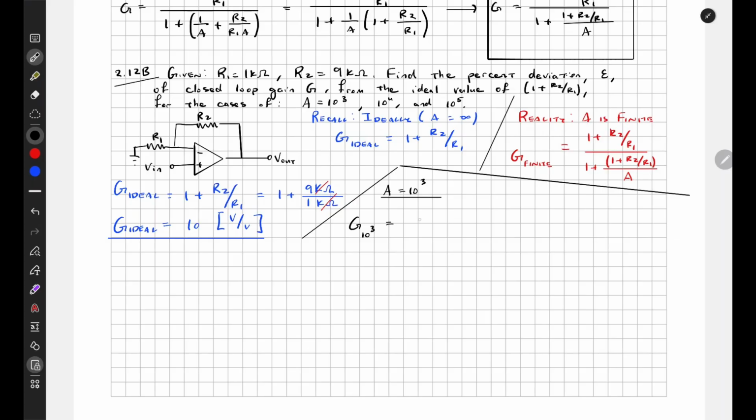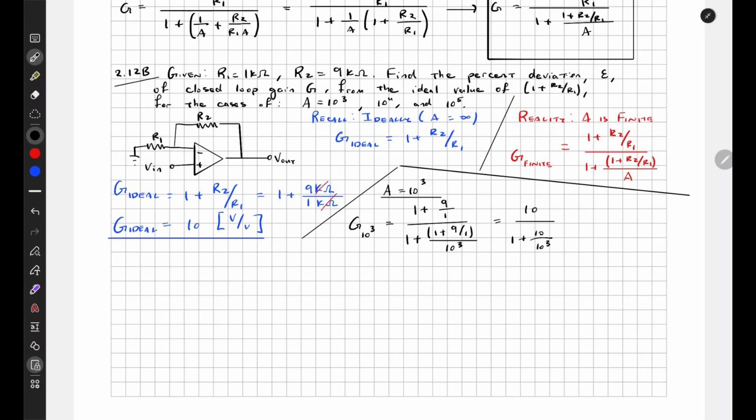So it's 1 plus R2 divided by R1, we're given the resistor values, so it's 9 divided by 1. Kilo ohms cancel off, and then the denominator is 1 plus 9 divided by 1 divided by A, which is the 10 to the third case. So it's 10 divided by 1 plus 10 divided by 10 to the third.